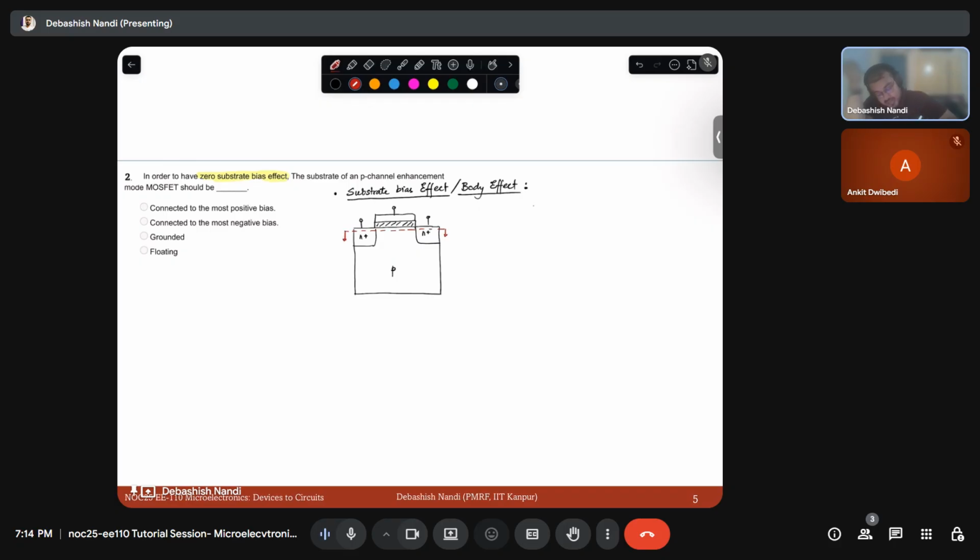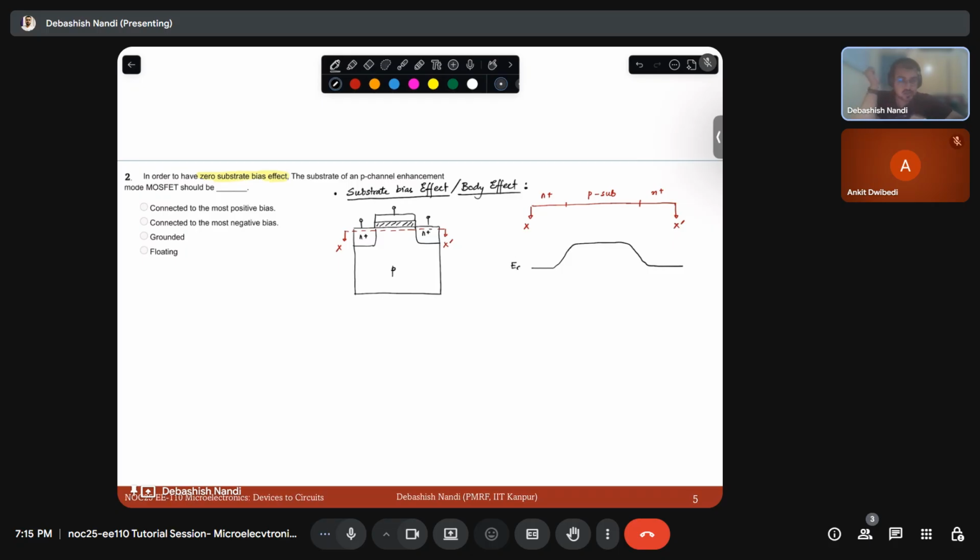I will have these 3 regions: this will be N plus, this will be P substrate, and this is N plus. Let's say this is X and this is X dash. In equilibrium, how will your band diagram look? Your band diagram will look like this, right? This we have discussed. This is your EC.